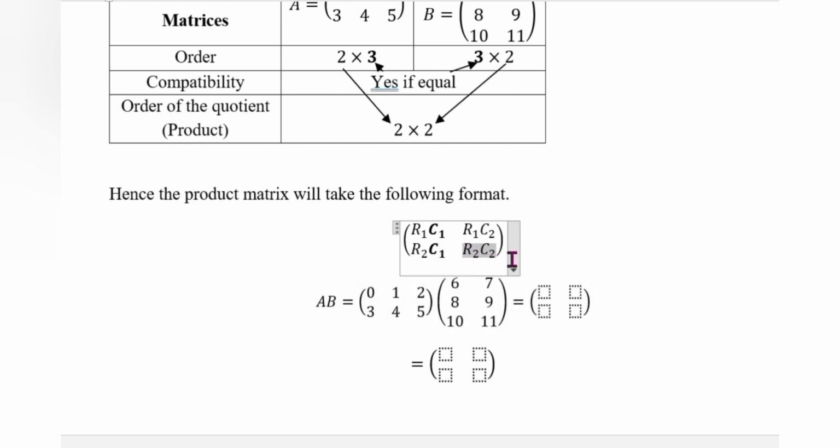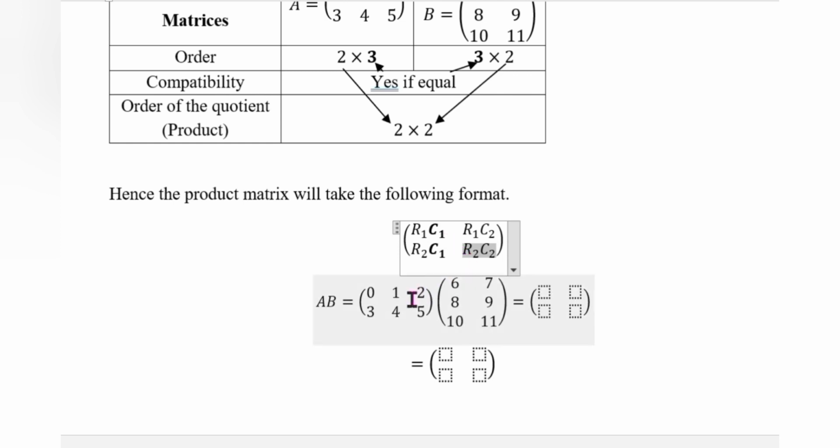Now, this is important because it gives us a guideline on which row of the first matrix you should multiply by which column from the second matrix to arrive at the element to write in that position.